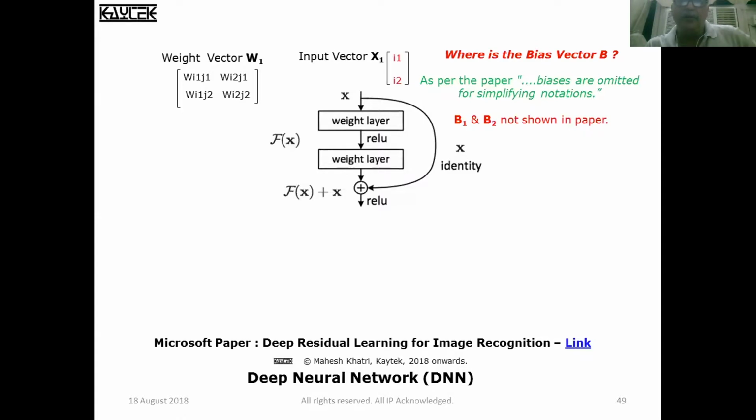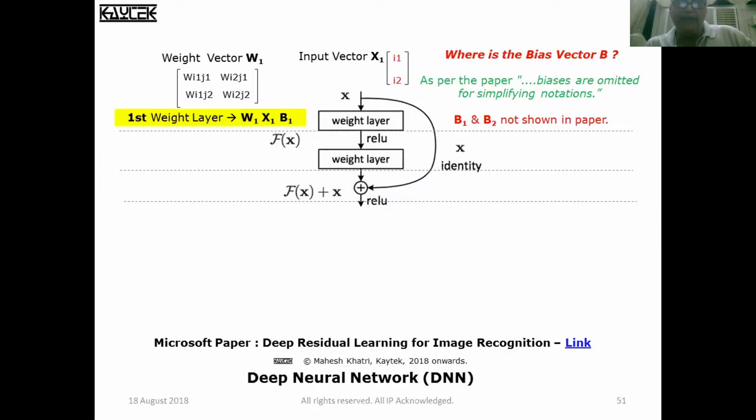So these are the three essential levels, indicated by the border lines, at which the calculations are taking place. At the first level, I have the first weight layer, which is W1, X1 and B1. My input vector X1, my weight vector W1, and B1, the bias.